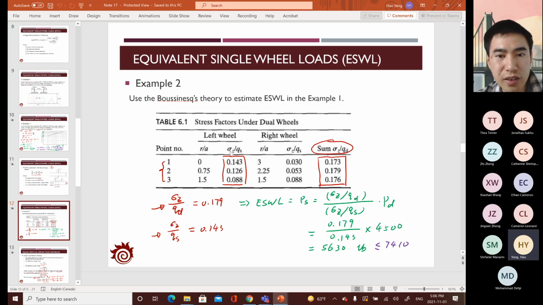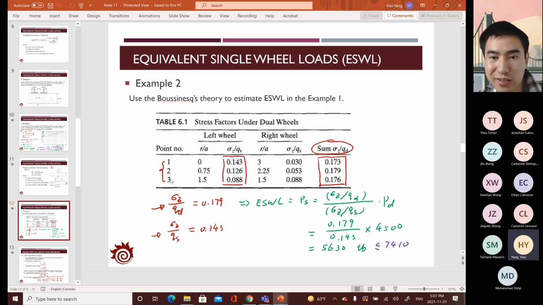At the left wheel, you can find the ratio between the vertical stress and the contact pressure, QS, at a single wheel as 0.143 at point 1, 0.126 at point 2, and 0.088 at point 3. You can also find the values for the right wheel, which are 0.030 at point 1, 0.053 at point 2, and 0.088 at point 3.